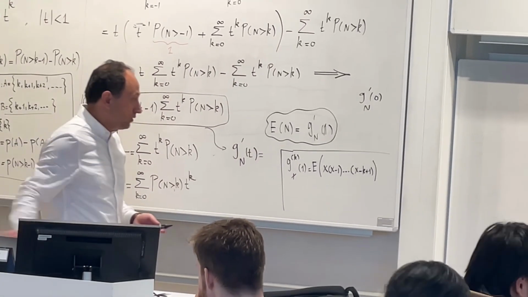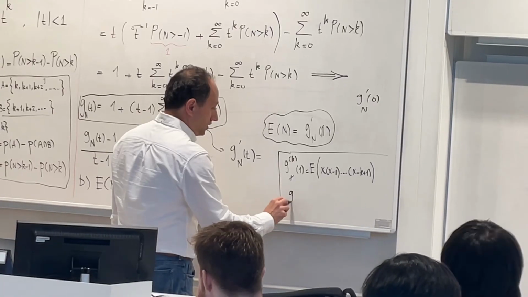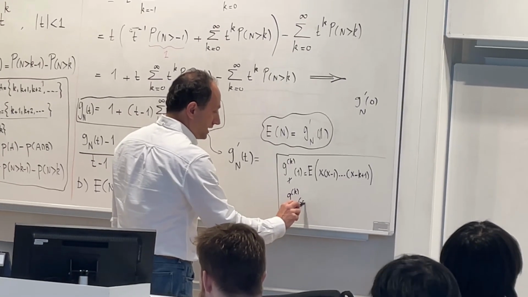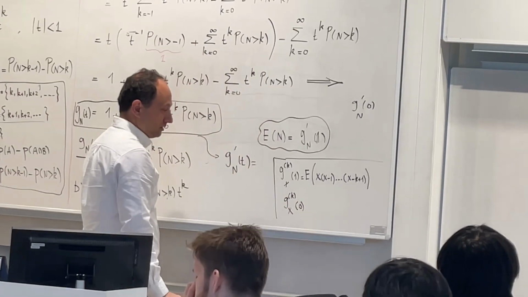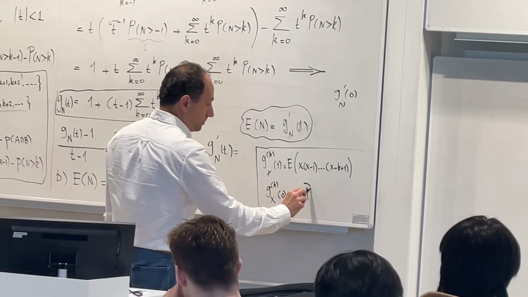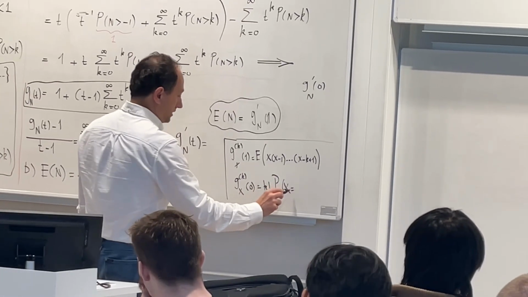And then you also have this scenario. If you remember what this is, the kth derivative of that type of random variable calculated at 0 becomes k factorial multiplied by the probability that this random variable is equal to k.